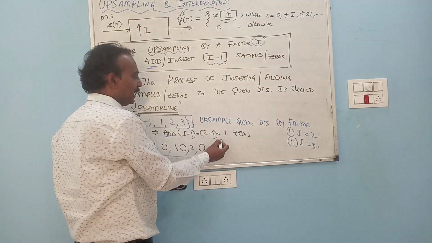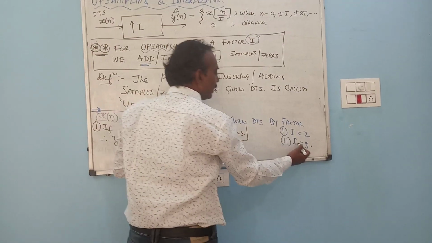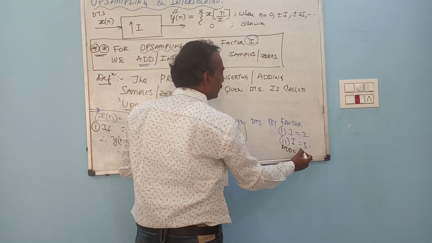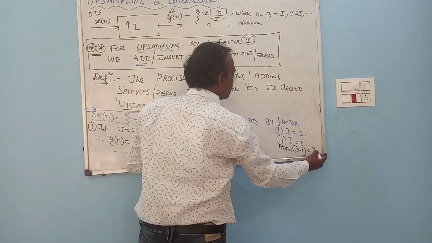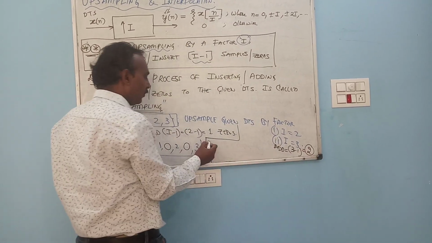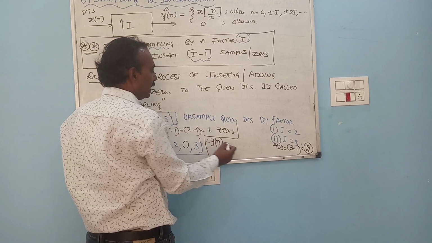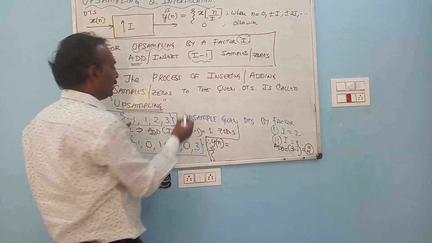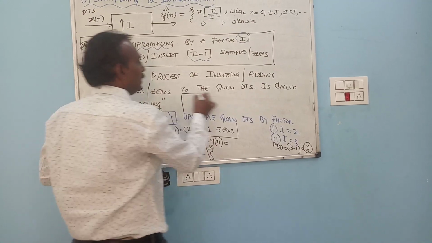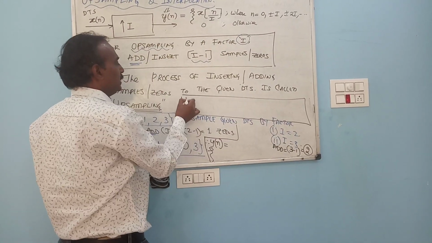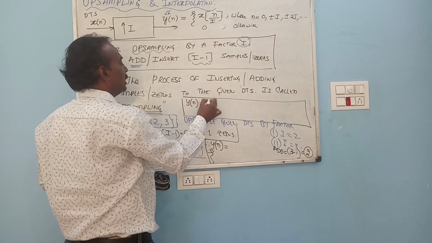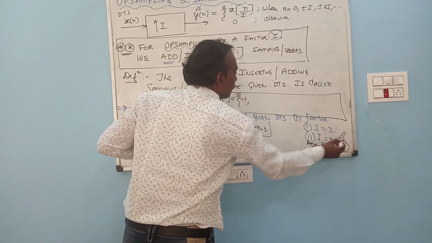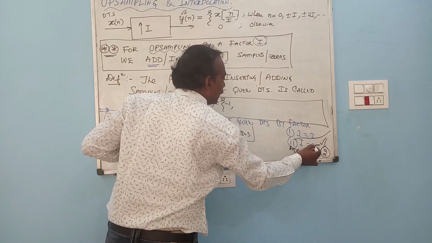Similarly, for the second, upsampling with I equal to 3, we add 3 minus 1, that is 2 zeros. Therefore y of n I can write directly. y of n is: minus 1 is there. We are adding 2 zeros here because I is 3.